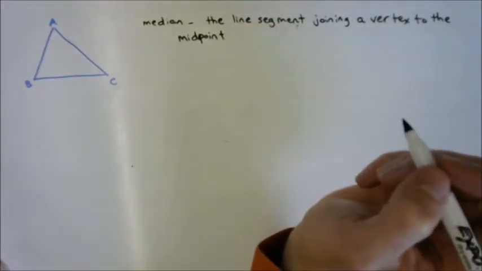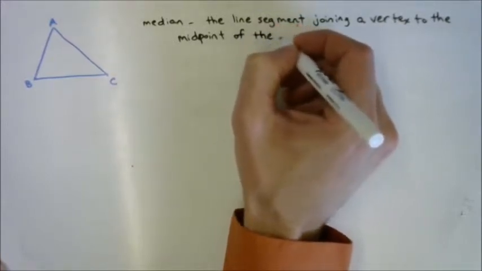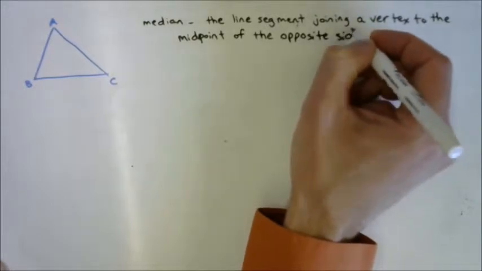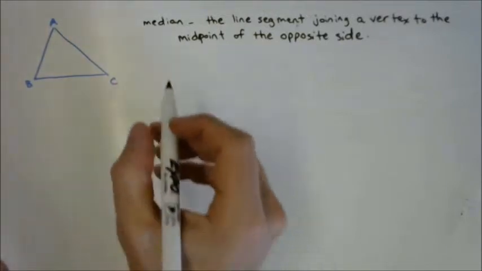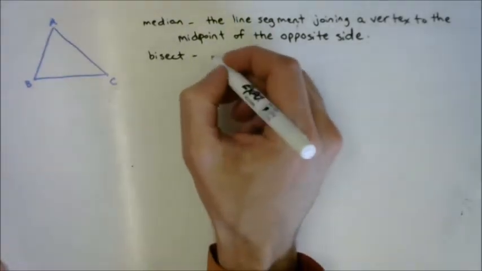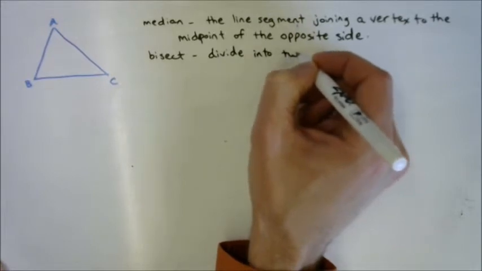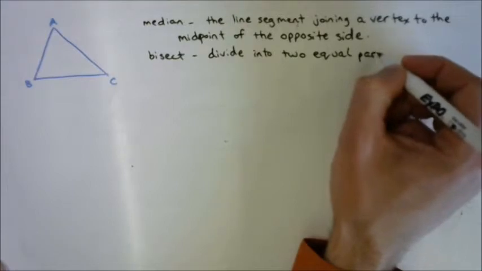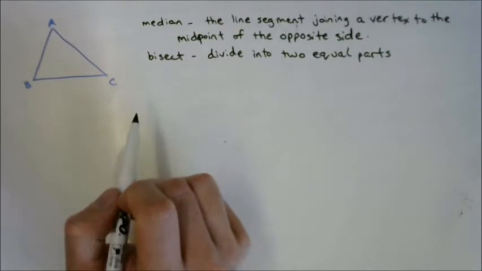So it's a line segment joining a vertex to the midpoint of the opposite side. Okay? The next word you need is bisect. This just means to divide into 2 equal parts. Okay, you can divide things into 2 parts, 3 parts, 4 parts, 5 parts, a million parts, but when you do it into 2 it has a special name, it's called bisecting.